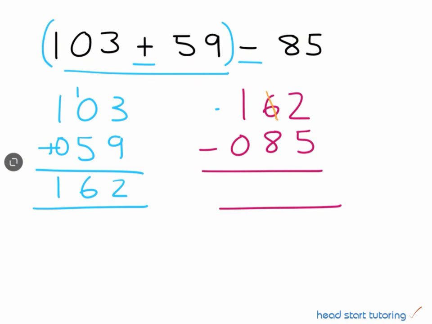So we borrow 1 from the 6, and we get 5. Carry that 1 over that we borrowed, and we get 12 minus 5 is 7. And then we've got 5 minus 8, which we cannot do, so we borrow from our 1, and we get 0 there, and we carry our 1 over. 15 minus 8 is 7. So our answer is 77.